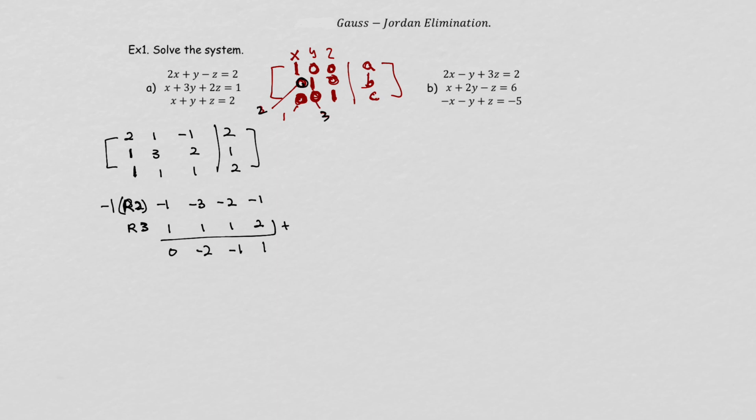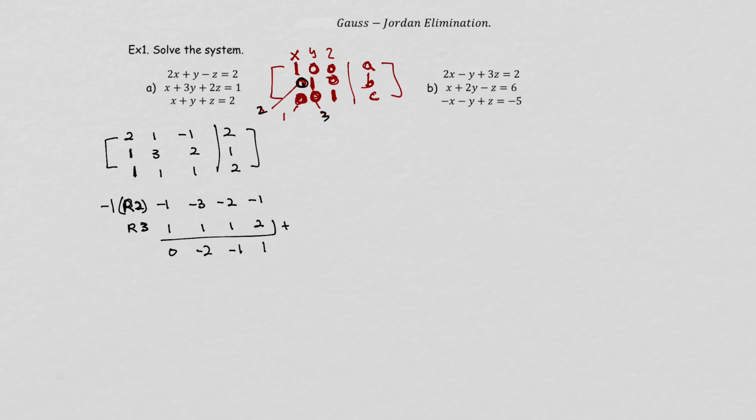We cannot use the same row twice. If it's a new row, then it will be okay to use it, but if it's the same row, you cannot use the same mixture. So since we used 2 and 3, we need to use maybe 3 and 1, right? Let's use 3 and 1.